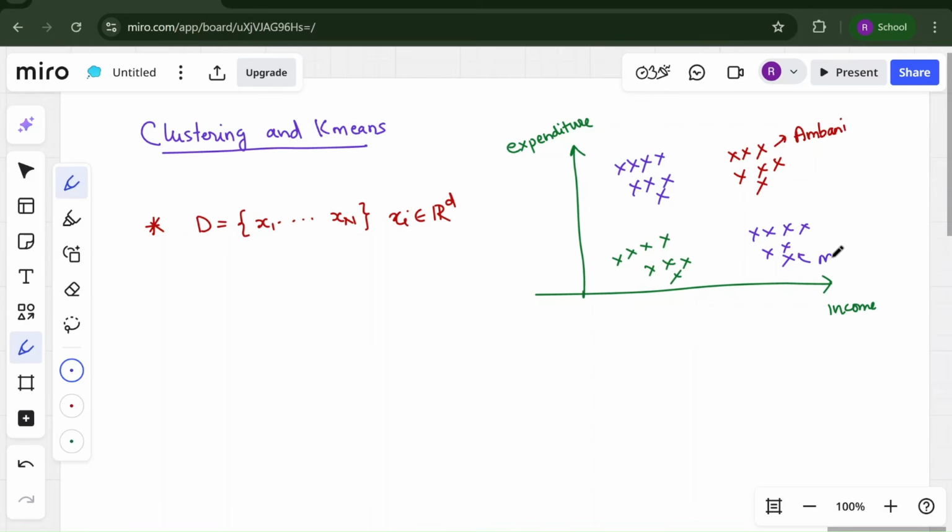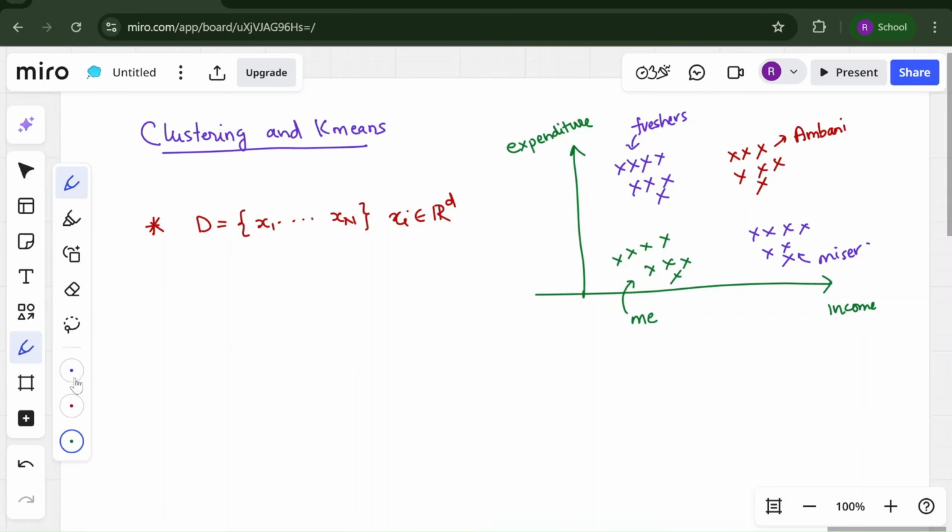So these are all misers. And you have another set of people who have low income and high expenditure. Most of the time these are the freshers. Freshers have low income but they spend a lot. And then you also have people who have low income and low expenditure. That is, for example, me. I have low income and low expenditure. Fine.